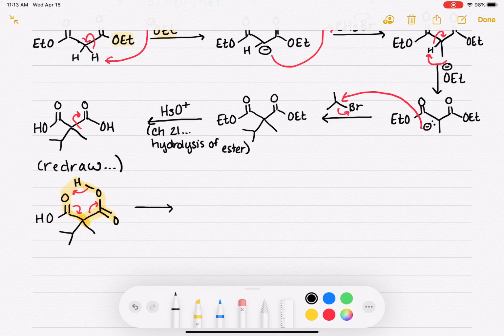And let's redraw what we get when we get that shuffling of our bonds happening. So our carbon-oxygen double bond turned into a single bond, and the bond next to it became a carbon-carbon double bond. Nothing happened to those two alkyl groups. The next carbon-carbon single bond was broken.